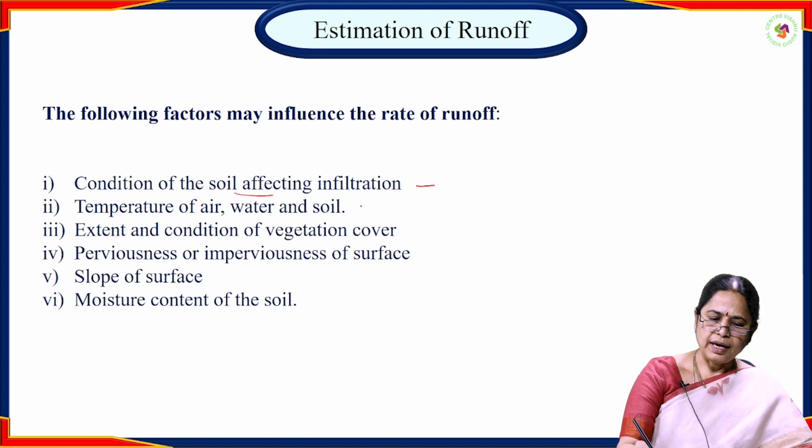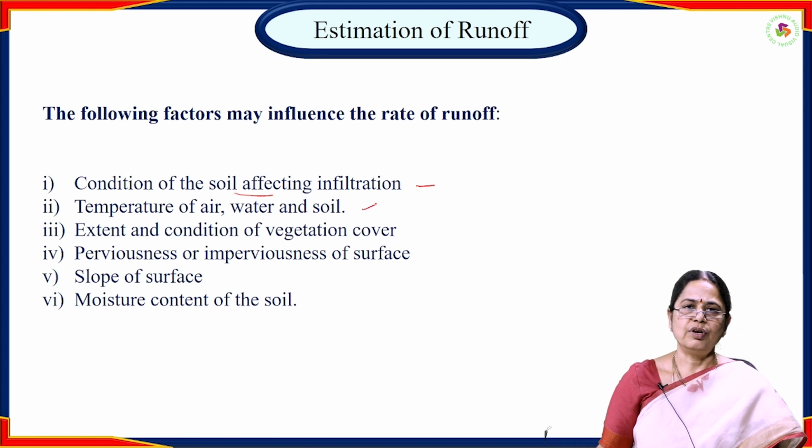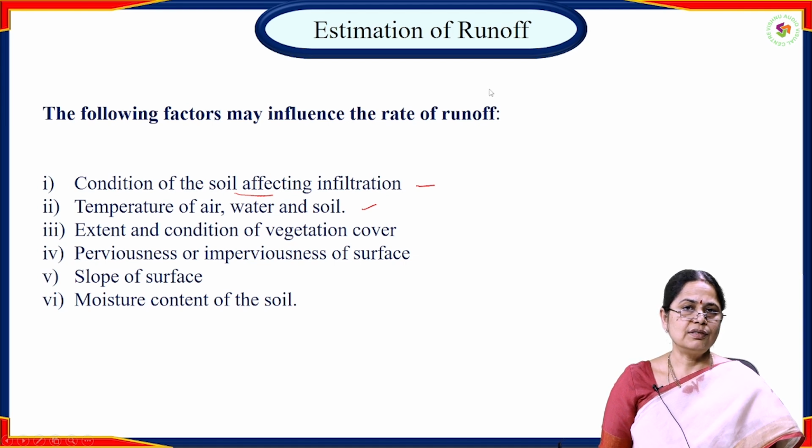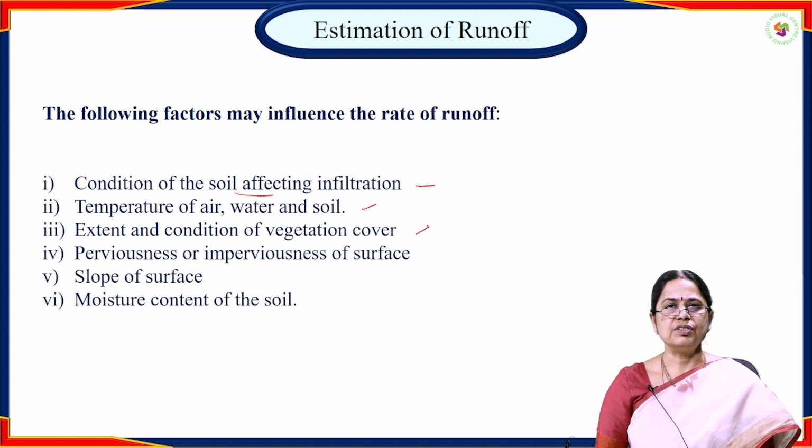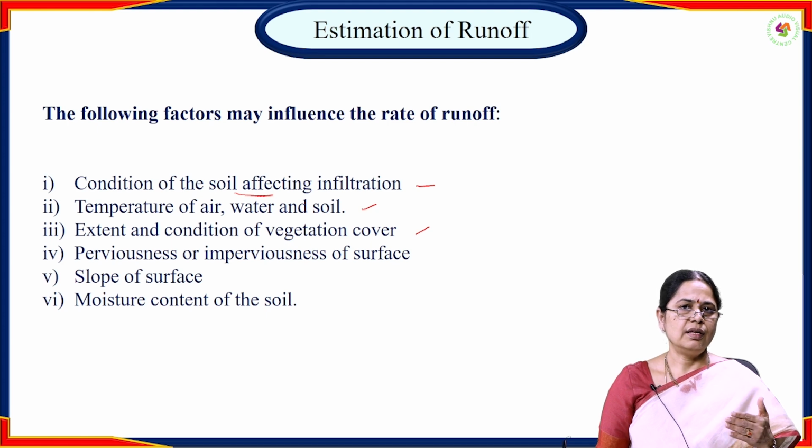Temperature of air, water, soil: as the temperature increases, the runoff may reduce because of the evaporation of water. Extent and condition of the vegetation cover: as the vegetation increases, the runoff will reduce.